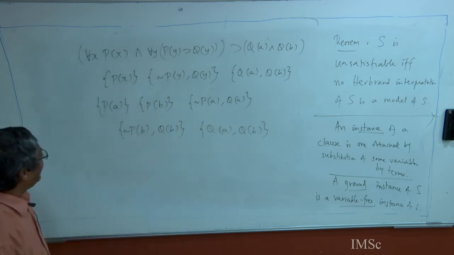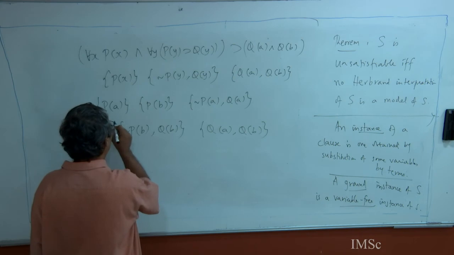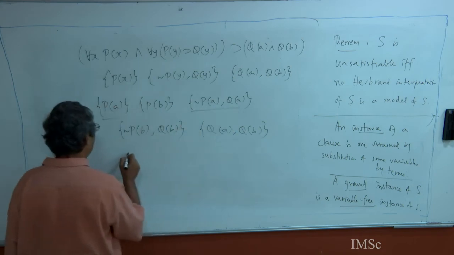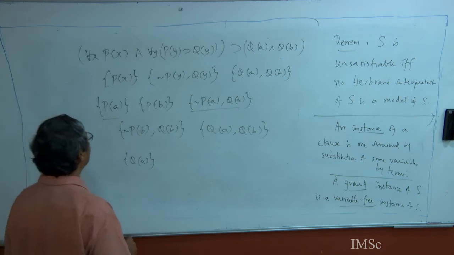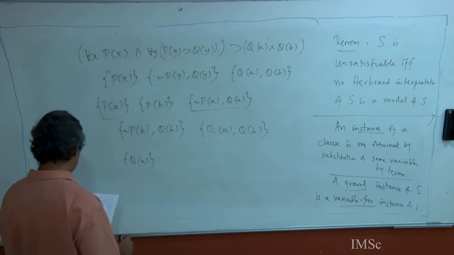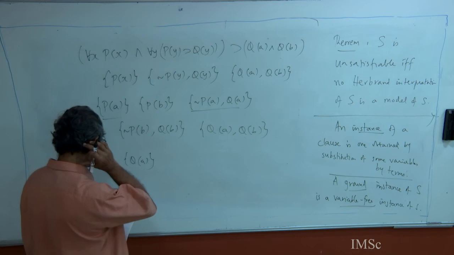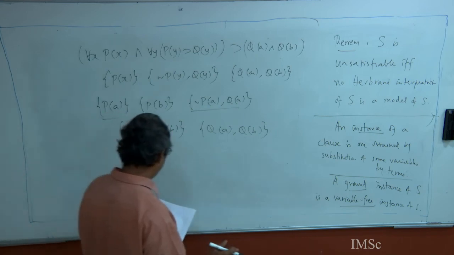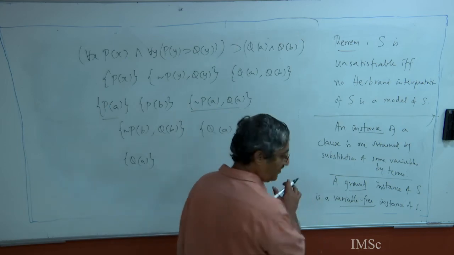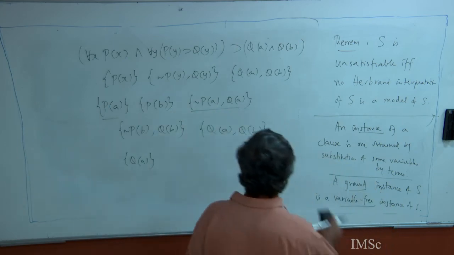So, and now you can resolve these two and get Qa. Oh, that should give you not Qa or not Qb. So that was a mistake.